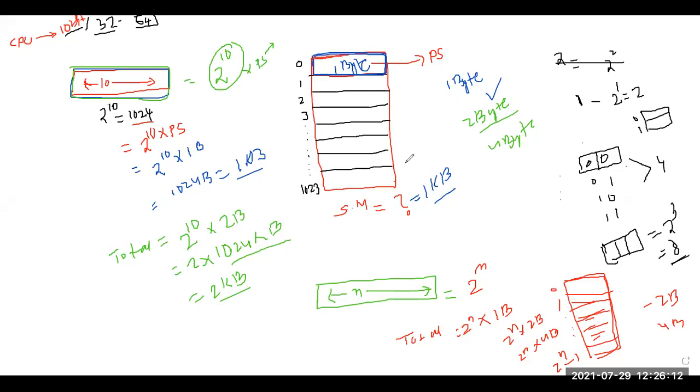Does anyone have any doubt about how we are converting? Anyone having any doubt? Because there will always be one question regarding paging. There is always one question from the paging numerical section. This is a very important concept of your memory management. So you can note down if you want to note down anything.